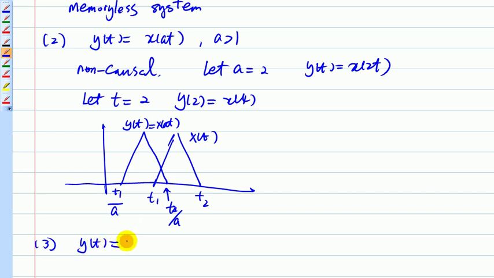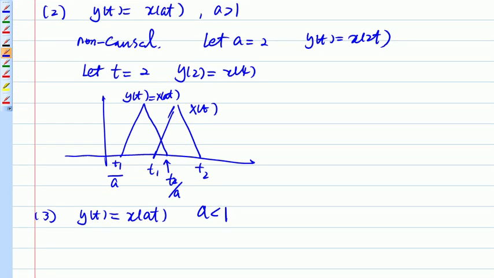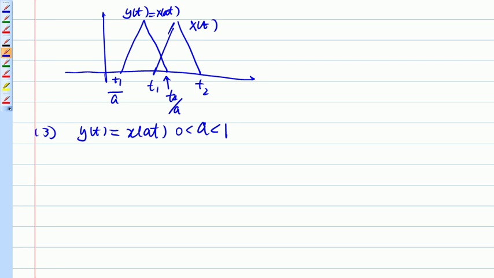And the third one, when a is less than 1. Let's suppose a is less than 1 but greater than 0, a special case here. It's a similar thing. Let's say a equal to 0.5, and you can use the same approach as before.